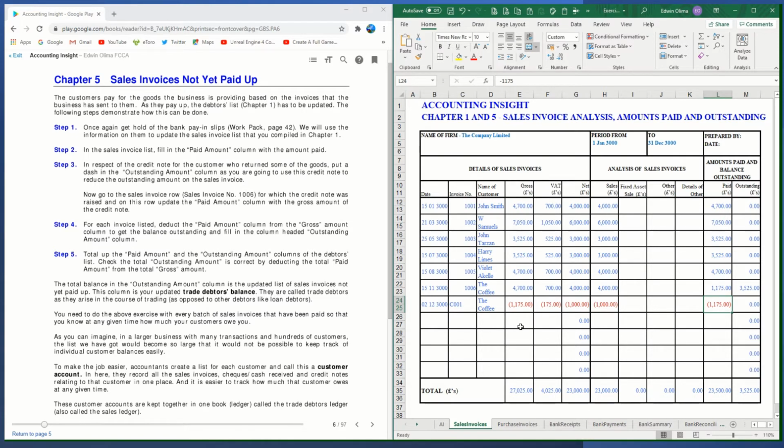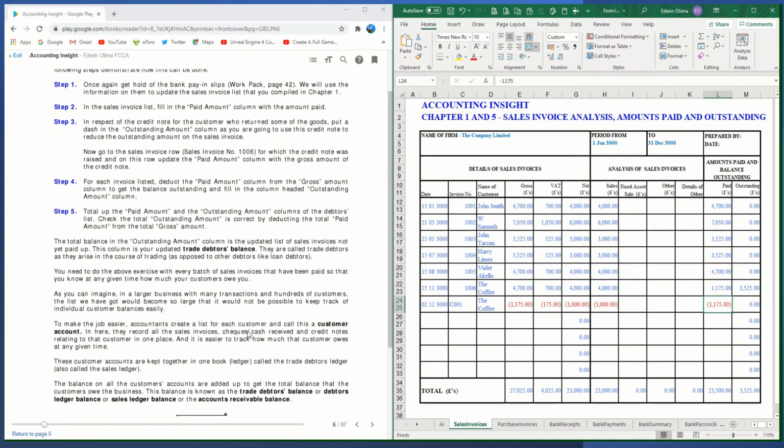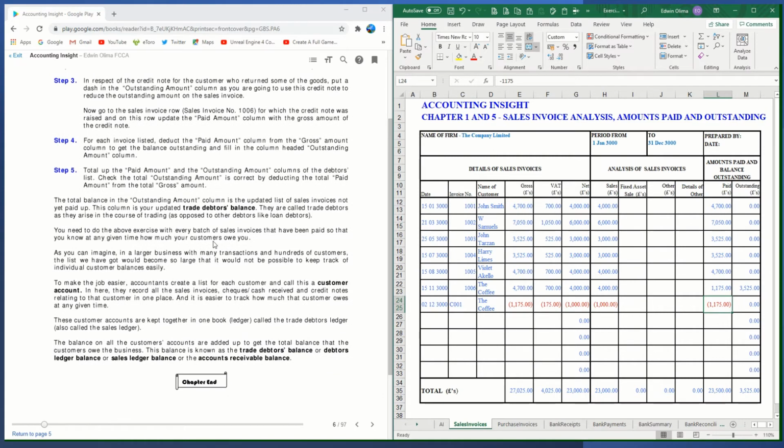We separate those type of debtors from actual trade debtors, and we call them trade debtors balance here. If you're working on a big business, as you can imagine, there'll be so many customers. You can't keep all of them on one list like this.